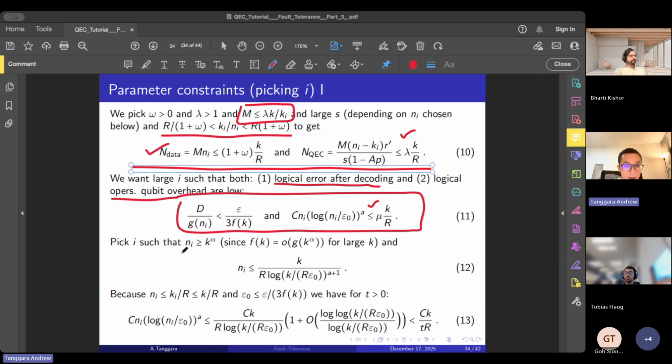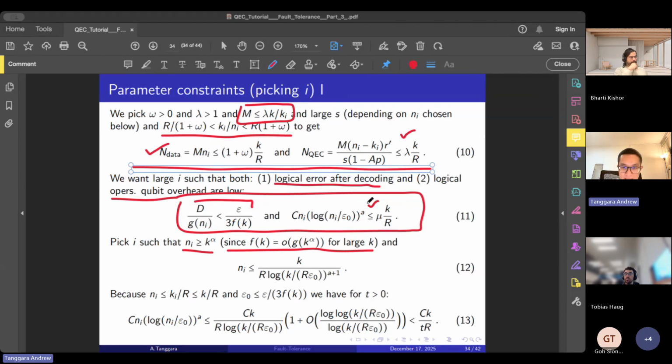So what we want to do here is pick the smallest i such that n_i is larger than k to the alpha. By using that, for this first inequality, I can just show that this is true.